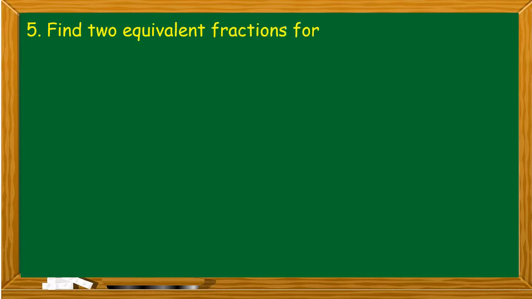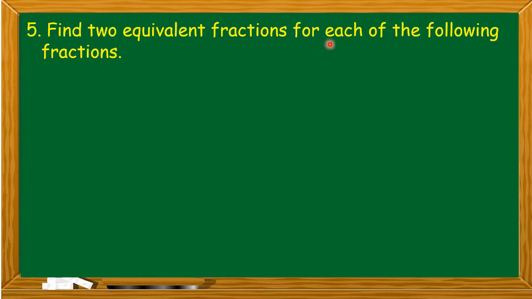Next question is, find two equivalent fractions for each of the following fractions. Given fraction is 7 upon 9 and we have to find two equivalent fractions for this fraction.